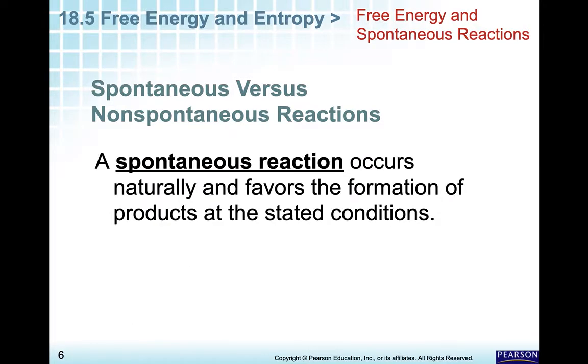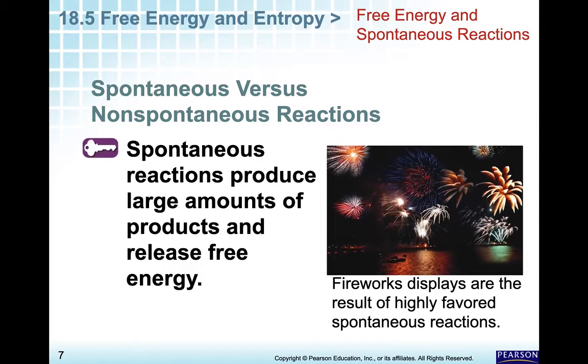So a spontaneous reaction is a reaction that occurs naturally and favors the formation of products under a given set of conditions. If it's spontaneous, it means that the reactants are going to form products. That is a favored process. So for example, we've got a picture of fireworks here. This is a highly favored spontaneous reaction. It's a combustion reaction.